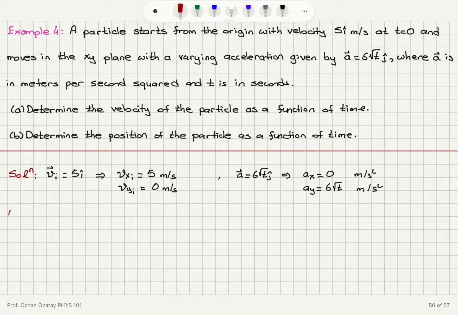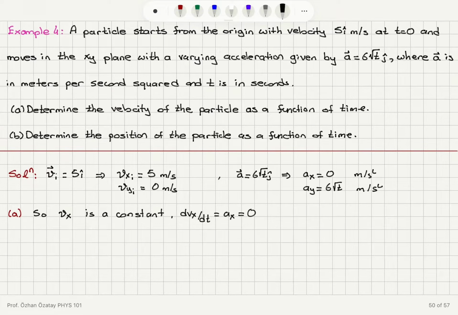So let's start with finding the velocity as a function of time. I see that the acceleration ax is a constant zero, so the x component of the velocity is a constant. It's a constant of the motion, and that's because dvx/dt, which is ax, is 0.